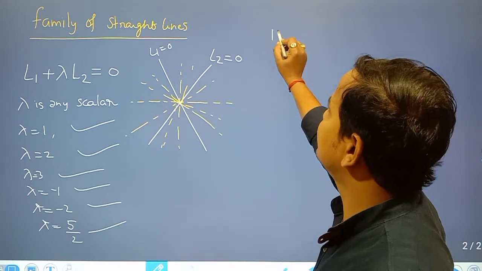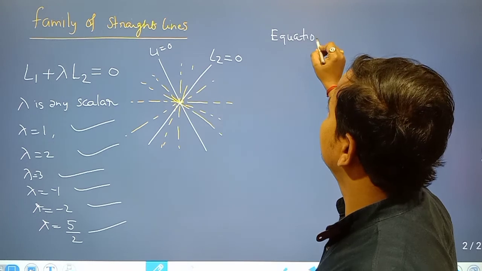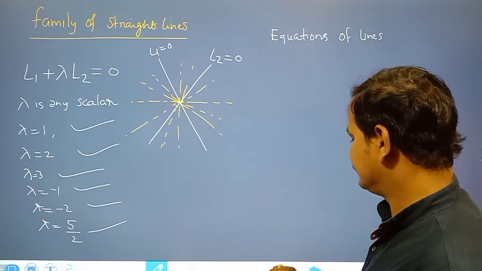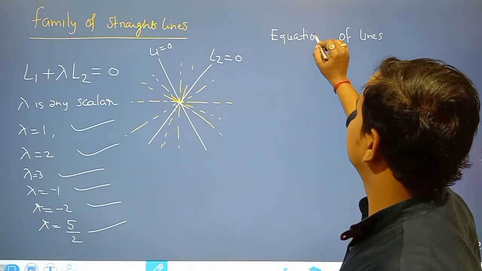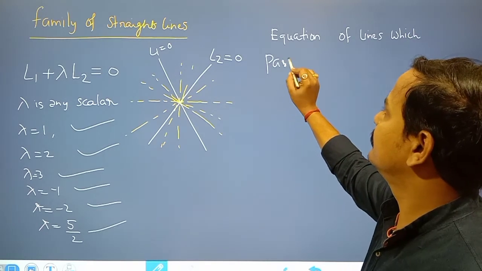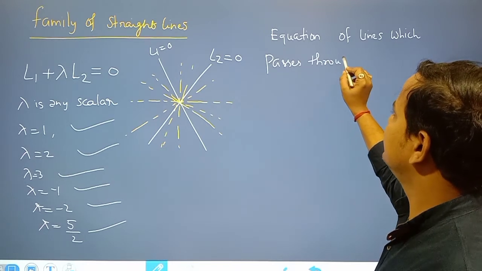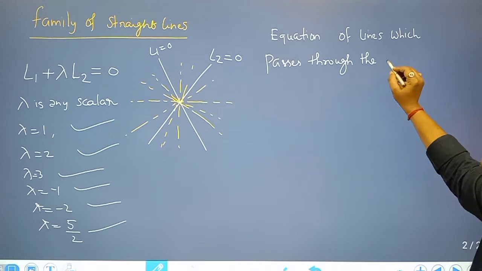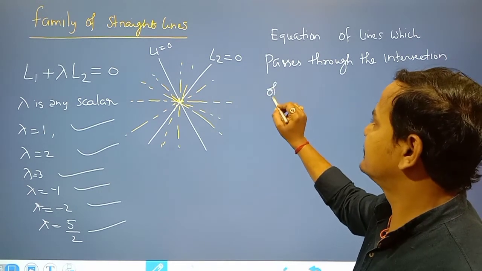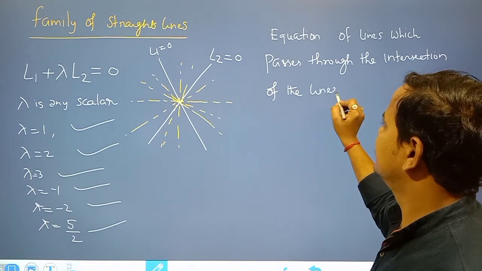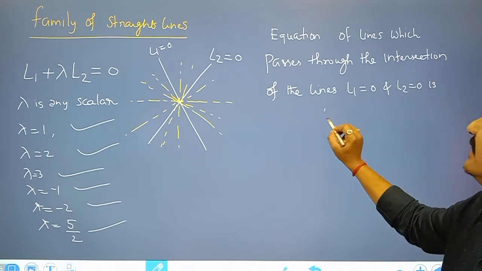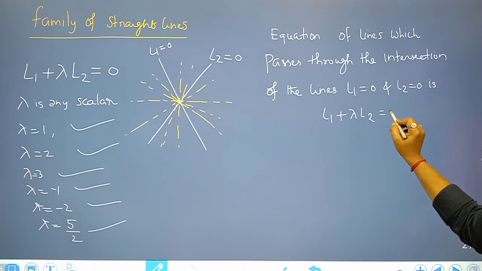That means the equation of lines which pass through the intersection of the lines L1 is equal to 0 and L2 is equal to 0 is L1 plus lambda L2 is equal to 0.